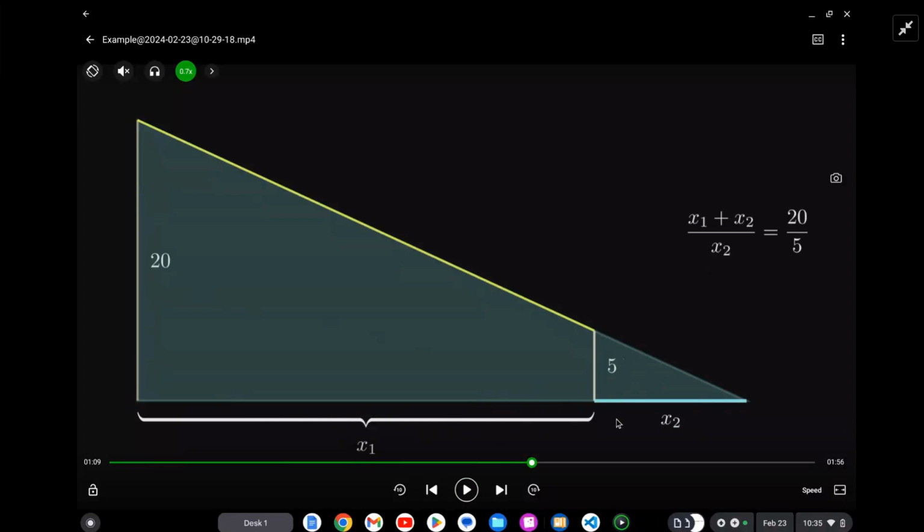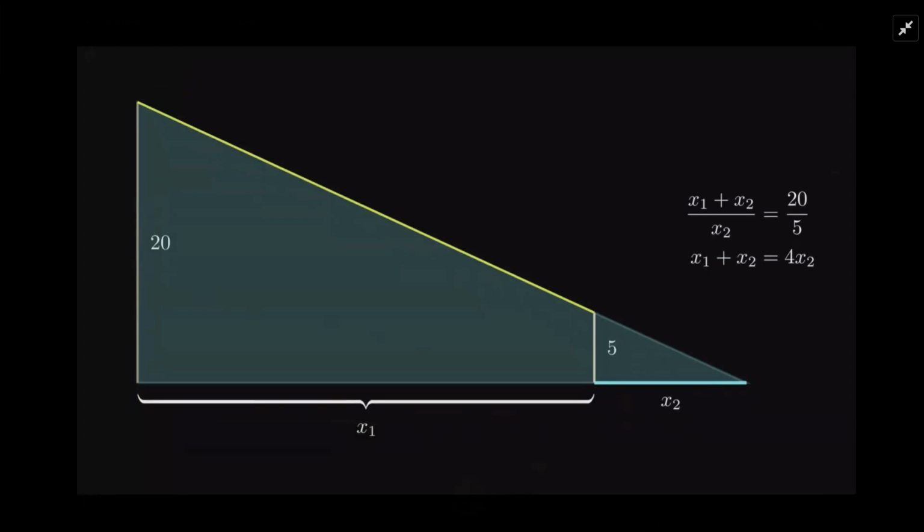The ratio of the sides is going to be equal. So we can set that up, and we do some algebra here. 20 over 5 is 4. And we multiply by x2, so that's over on the right side from the denominator. Subtract x2 now, there's 3 left on the right side.